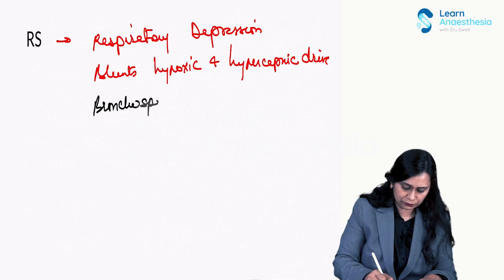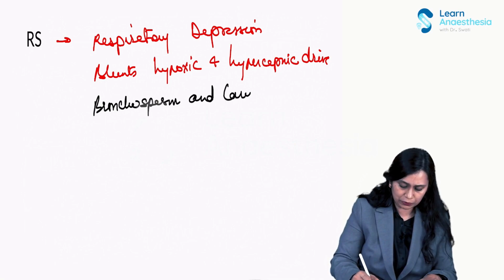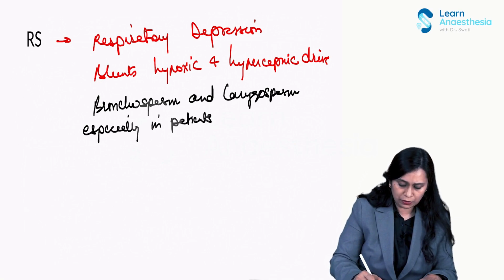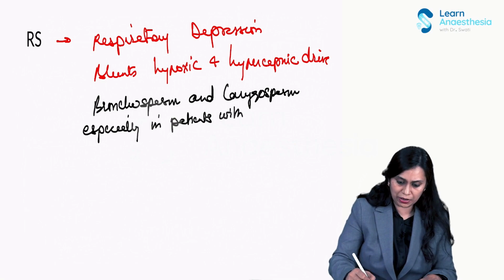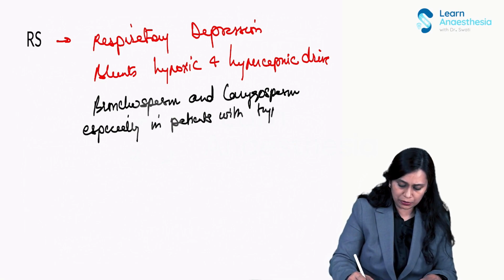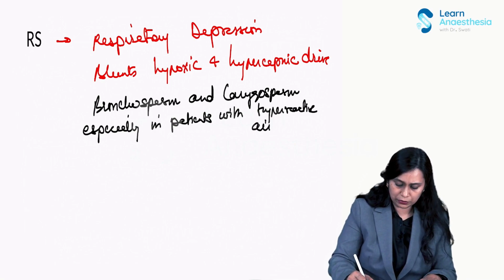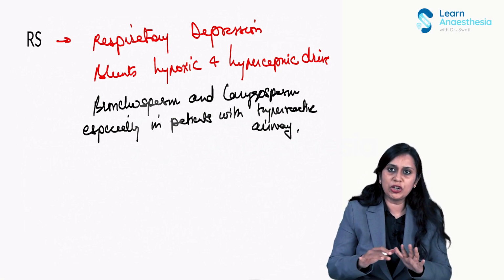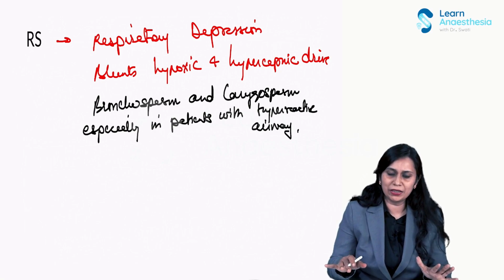Bronchospasm and laryngospasm, especially in patients with hyperreactive airway. Okay. So in a bronchial asthma patient, with hyperreactive airway, avoid thiopentone.